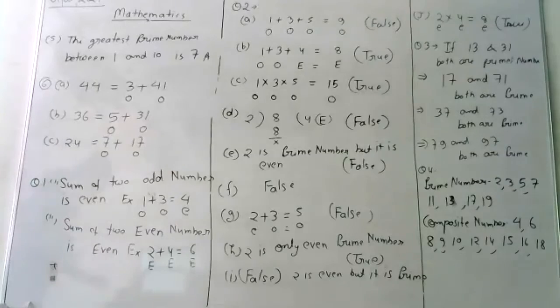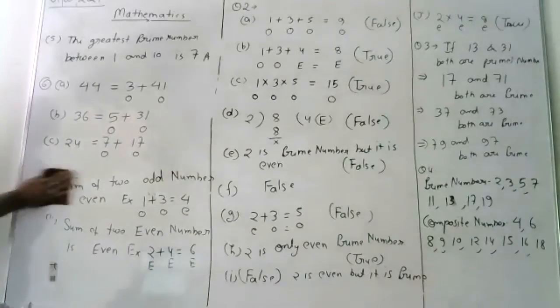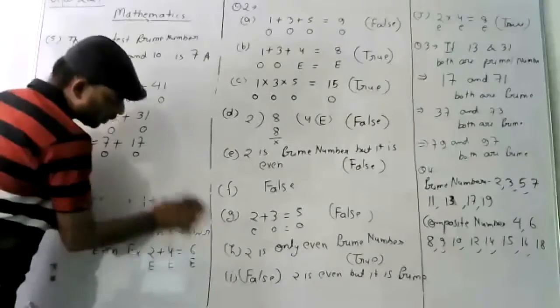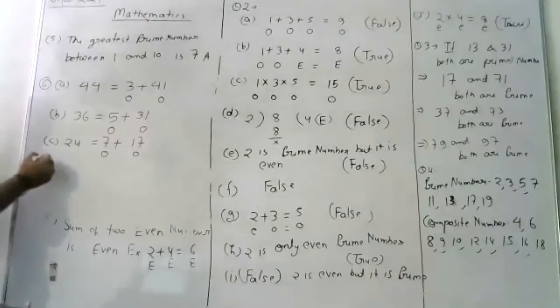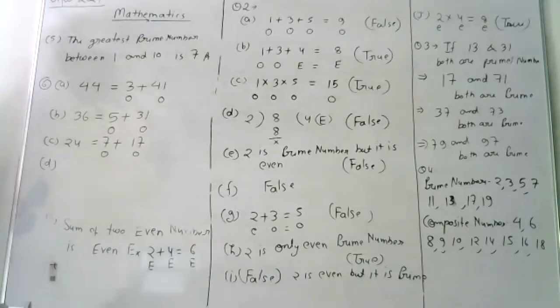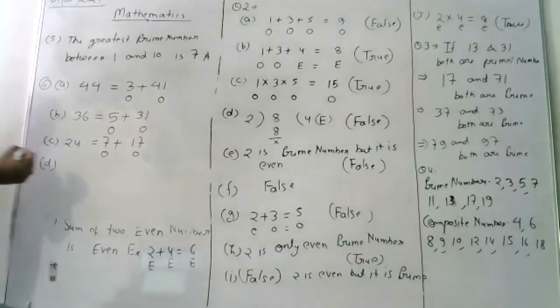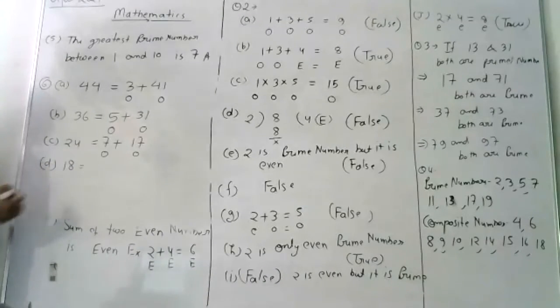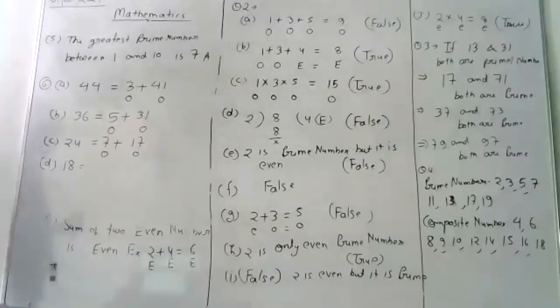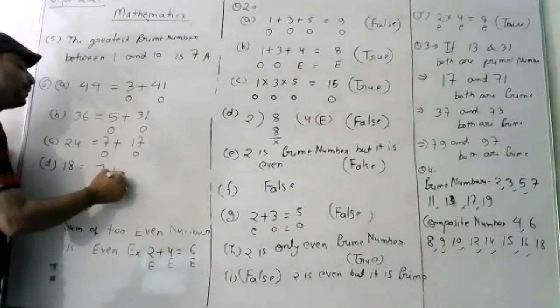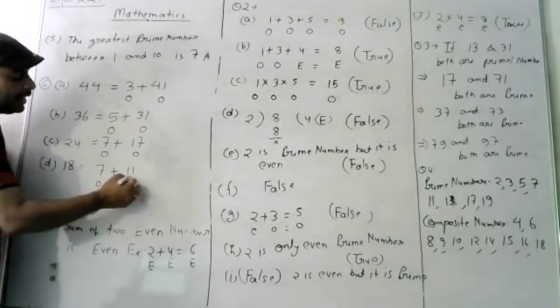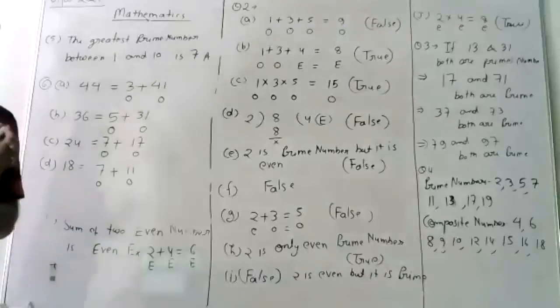And next, last but not least, D, 18. The representation as a sum of two odd numbers is 7 plus 11. 7 is an odd number, 11 is also an odd number.